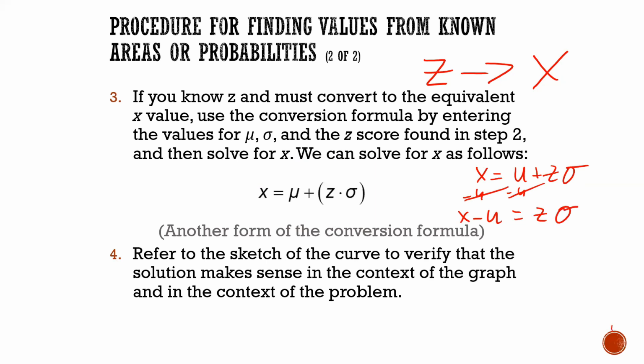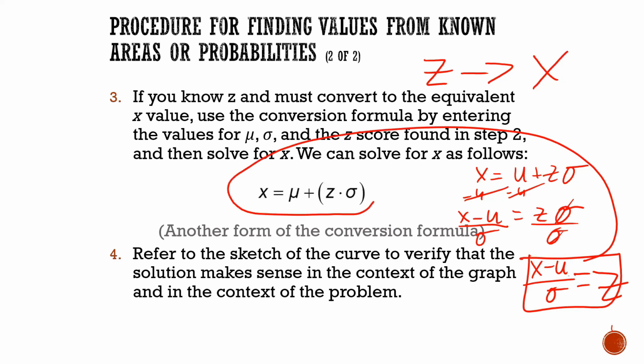Then I could divide both sides by sigma. So notice this formula and this one. You memorize one, and you can do just a tiny bit of algebra and you have both. These represent the same relationship, just written differently. It just depends on which variable we have by itself.